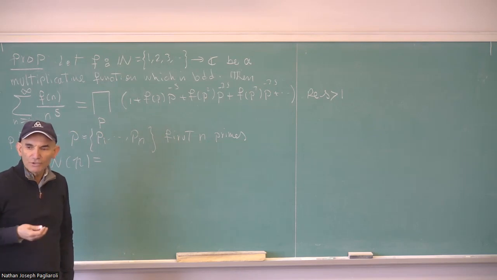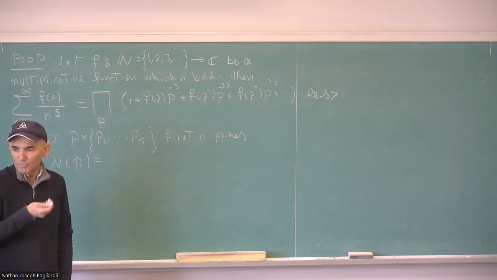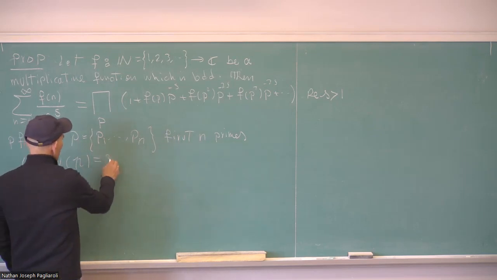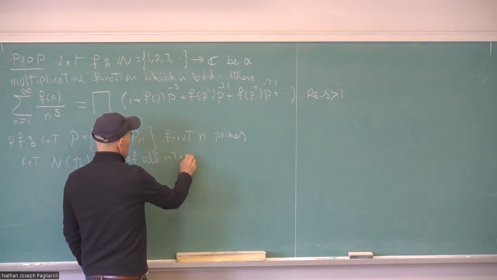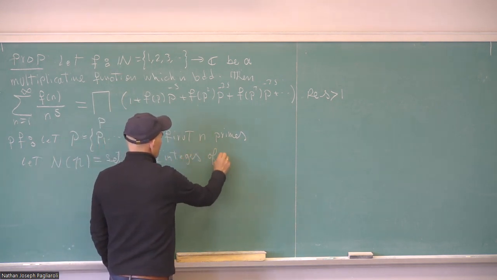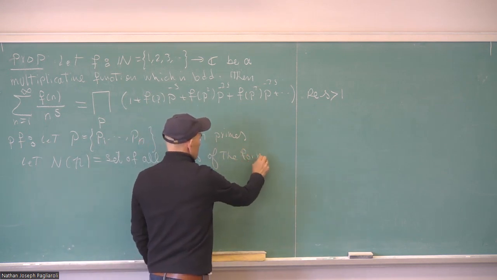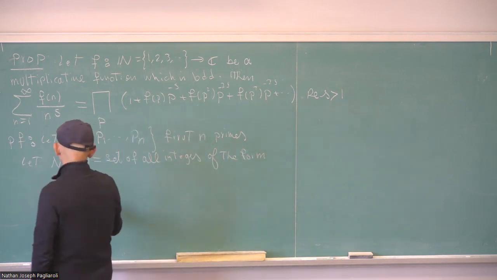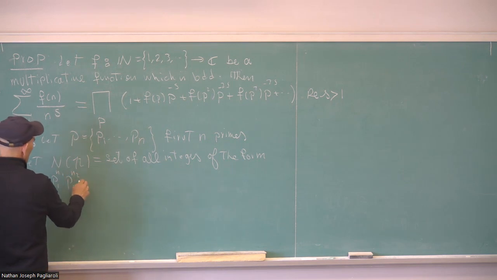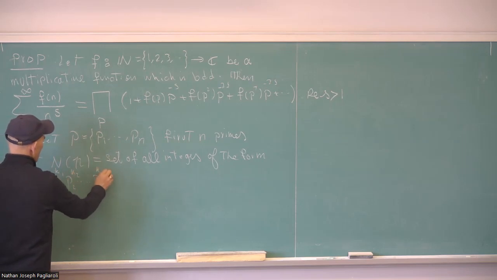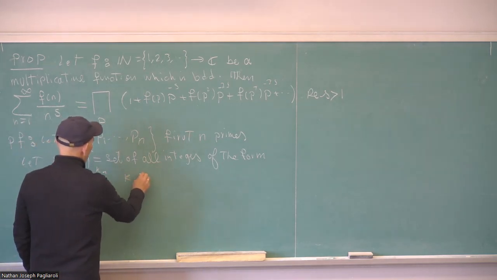So the set of all integers in whose prime decomposition only these primes appear, of the form a equal to p1^k1 p2^k2 up to pn^kn.